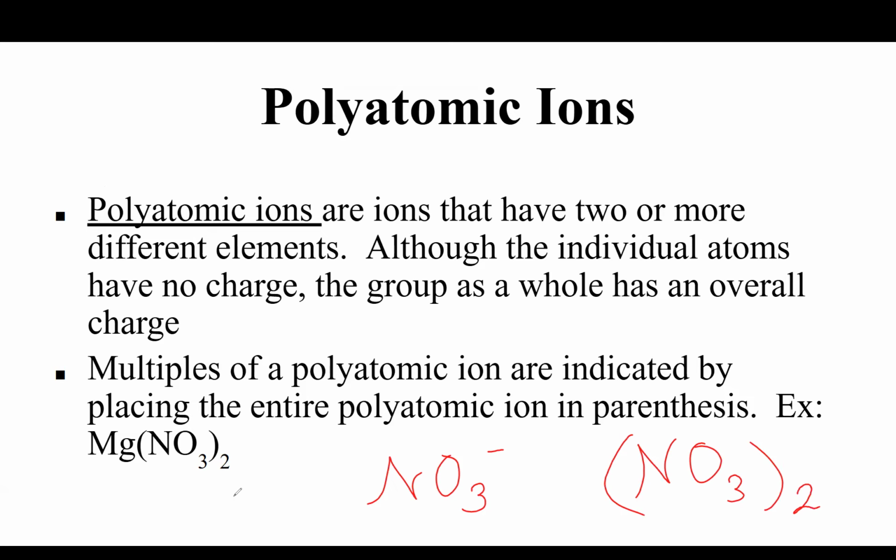It's like a little family inside the house. The parentheses are the house, and I have two of these little families inside the house. That's what that means. Because we needed two nitrates to balance the 2 plus from magnesium, because magnesium is in the second group on the periodic table.